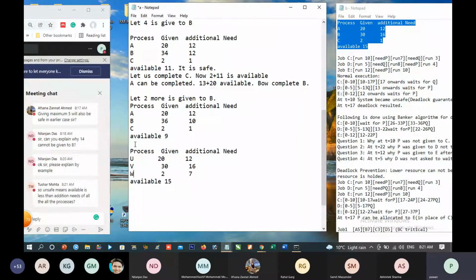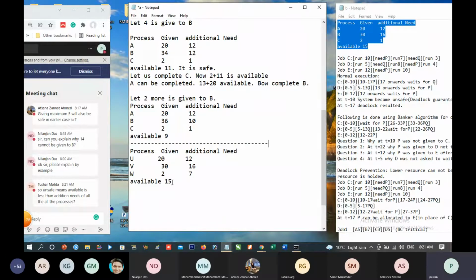Unsafe means available is less than the additional need of all the processes. It is certainly unsafe, but even otherwise it may be unsafe.